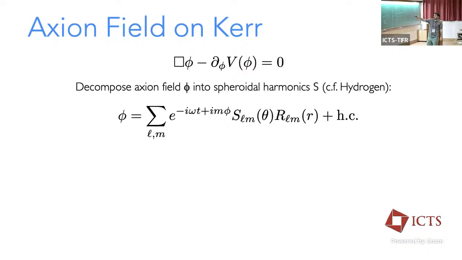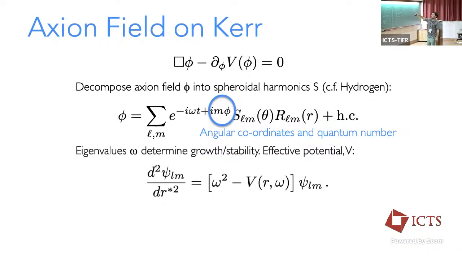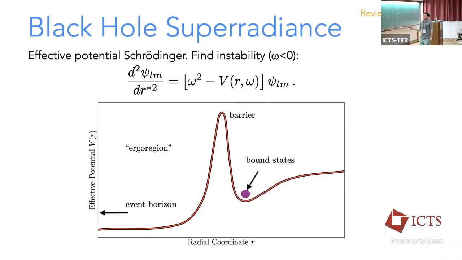I have some energy eigenvalue omega and some spheroidal harmonics and some angular quantum numbers. If you make this ansatz, then similarly you can reduce the Klein-Gordon equation into a Schrodinger-like equation in an effective potential. And the radial coordinate here is what's called the Wheeler-Tortoise coordinate.